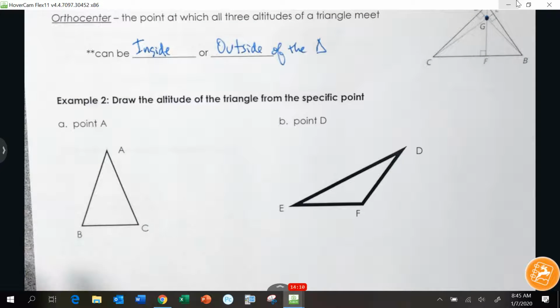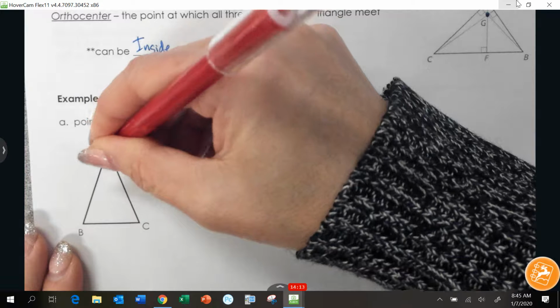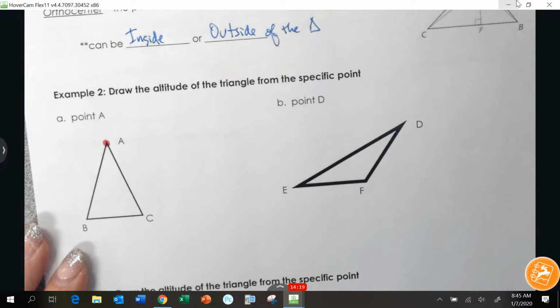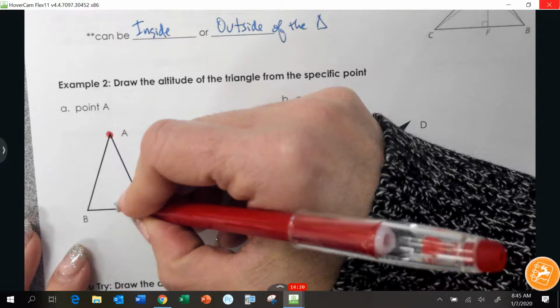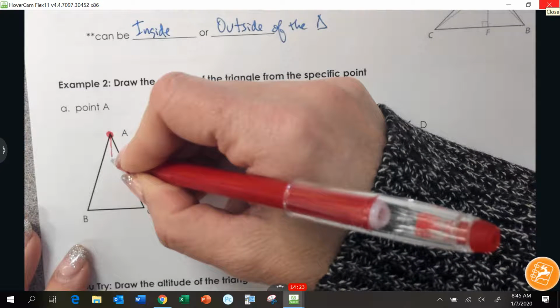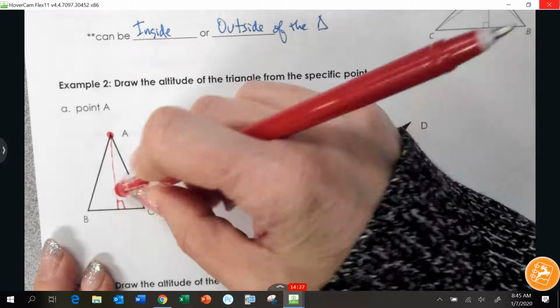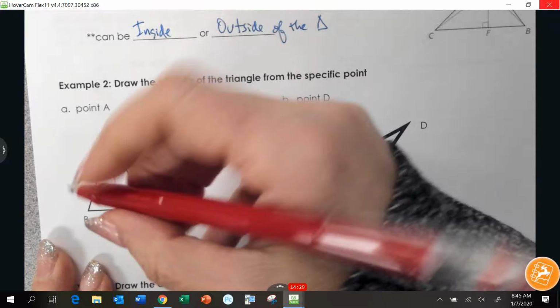So example 2, we've got point A, it says to use point A, and just approximately draw the altitude. So we need to make sure that whatever we draw connects to the opposite side and makes 90 degrees. So do your best to make it look like a 90-degree angle.